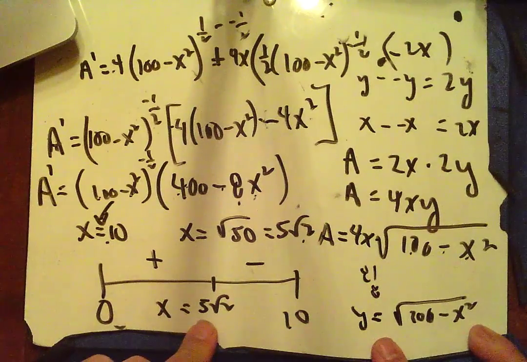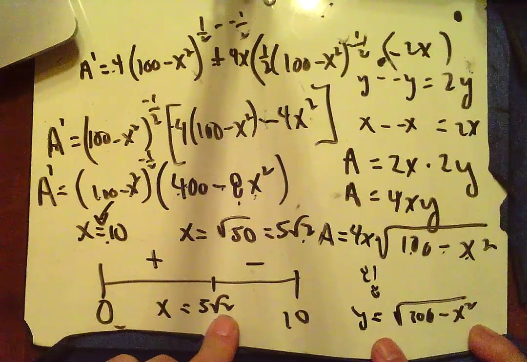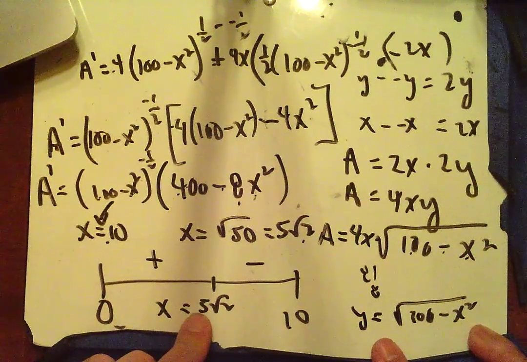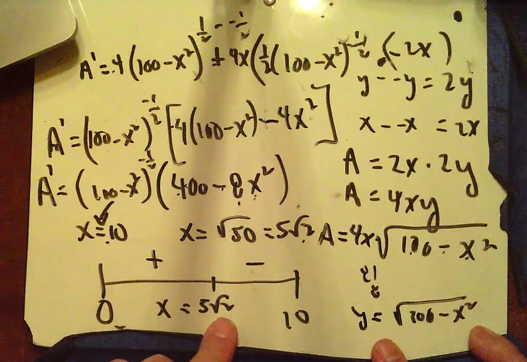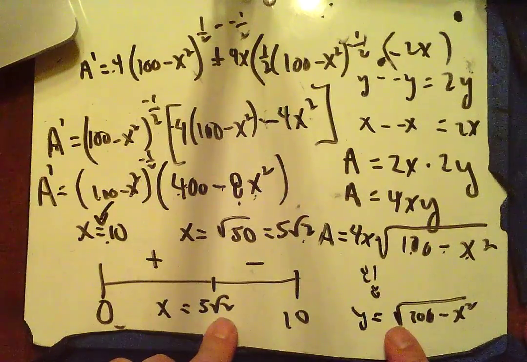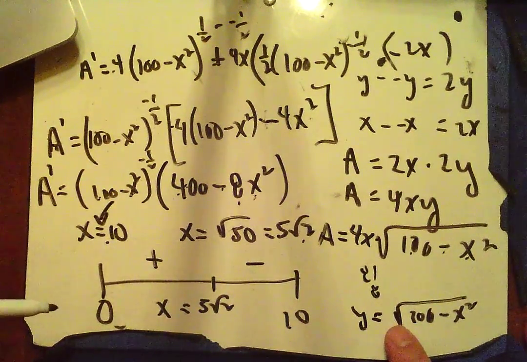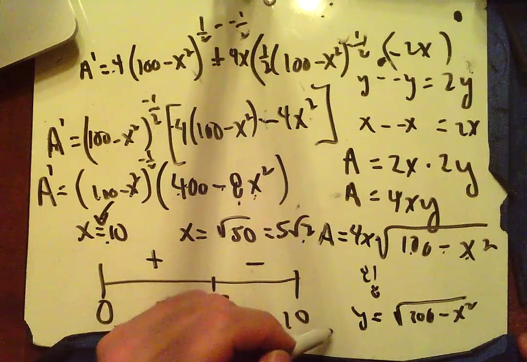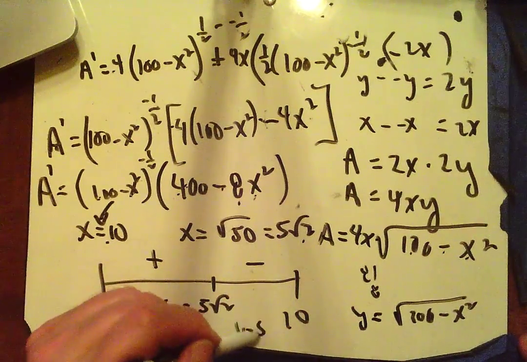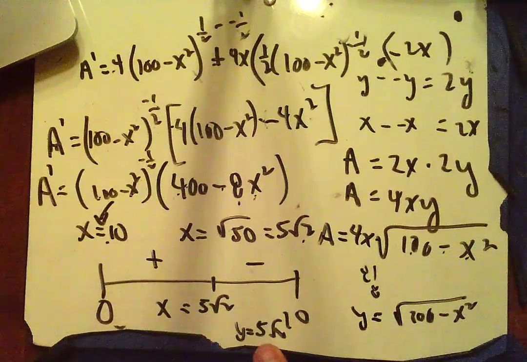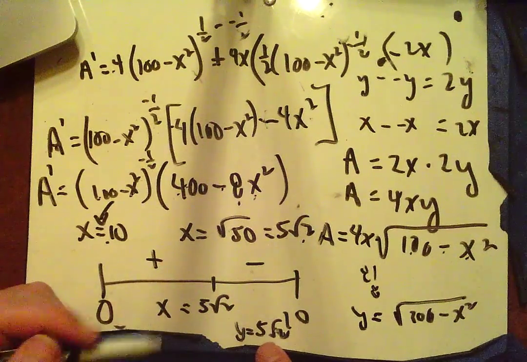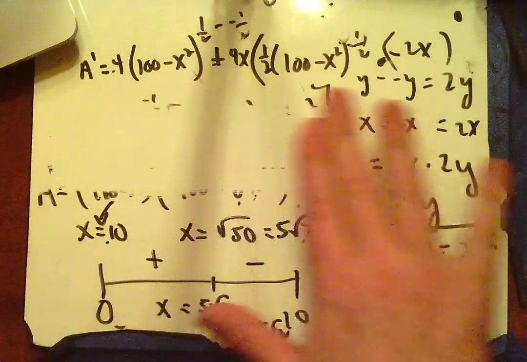If I square this, I get root 2 times root 2 is 2. 5 squared is 25. 25 times 2 is 50. So that's going to be the square root of 50. Hey, isn't that the square root of 50 also? Isn't that interesting? So when y equals 5 root 2 and x equals 5 root 2, the area is maximized.